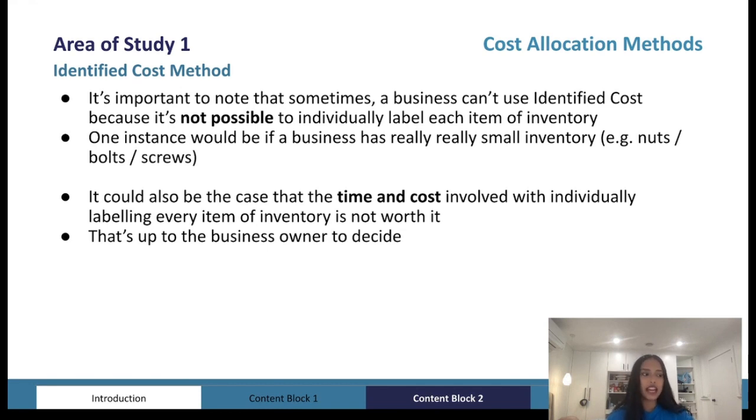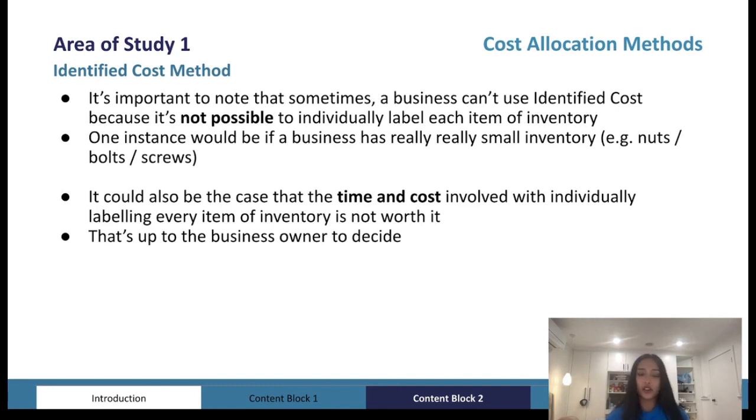So at the end of the day, it ultimately is up to the business owner whether they think identified cost is worth implementing. Sometimes a business really shouldn't be using identified cost because it takes them hours and hours to individually label every single item of inventory.